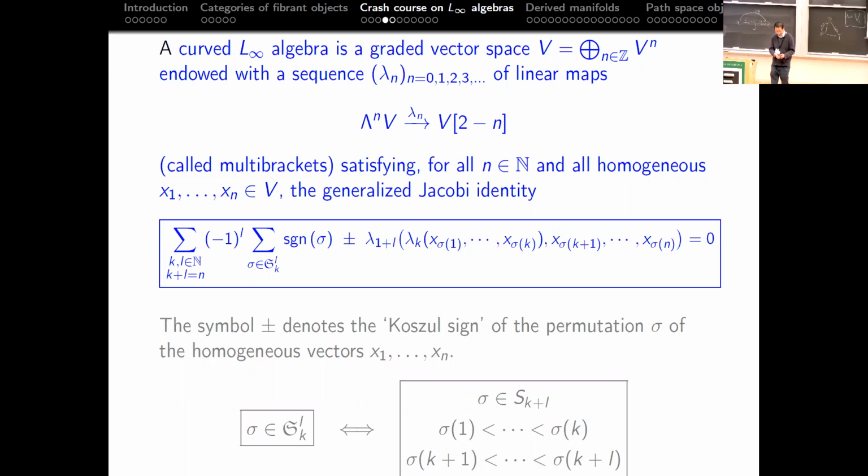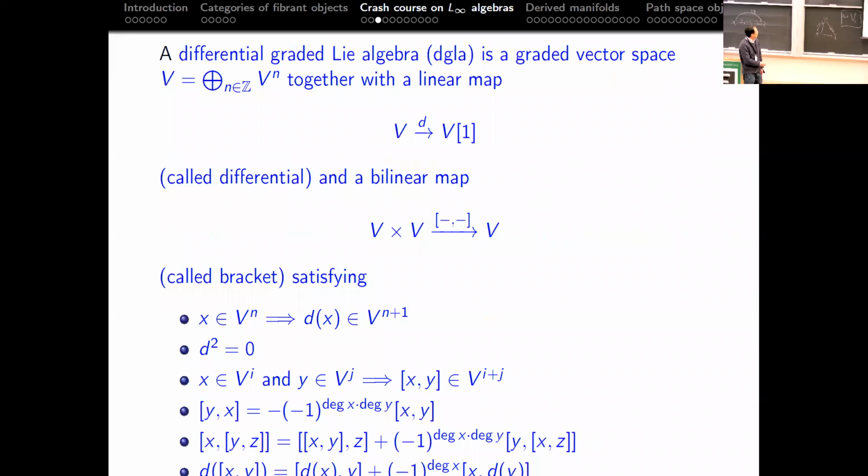Lambda 1 is a map V to V, just like a differential, and lambda 2 is a bracket, and so on. You have a bunch of them, and then you have all the graded Jacobi identities, which are the extension of this other identity over here.